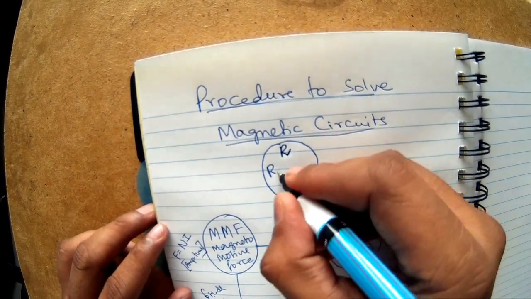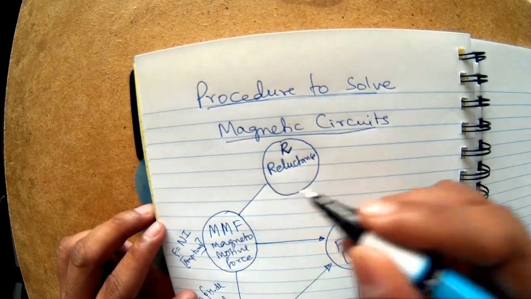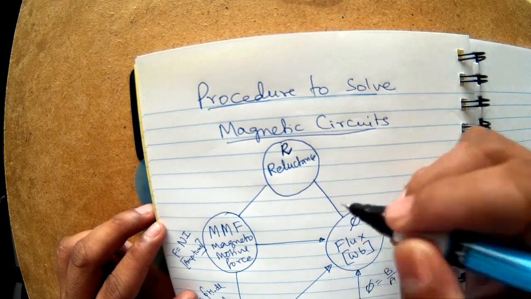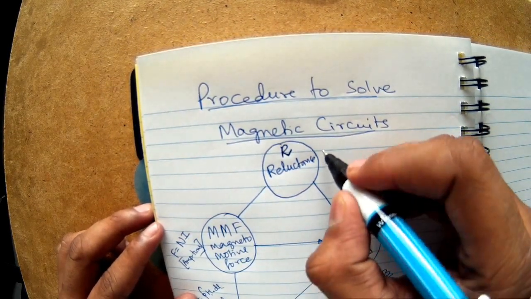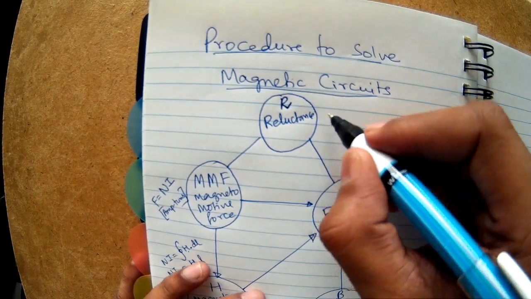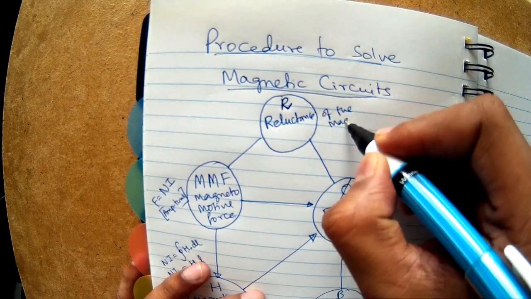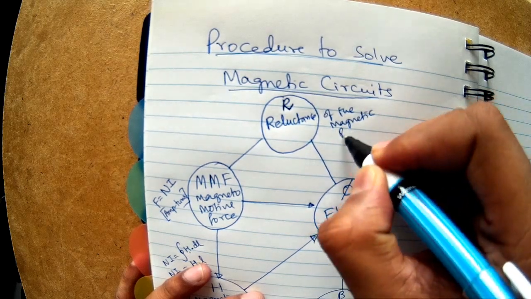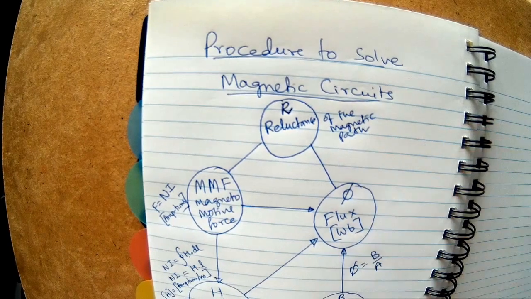Okay. Now the reluctance is determined by the material, again, whatever material that is there. So this is the reluctance of the magnetic path. Okay. So that is reluctance.